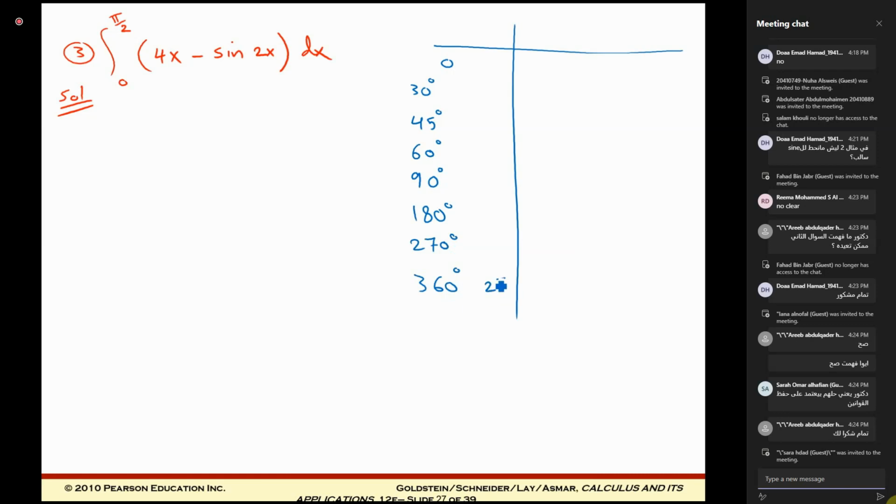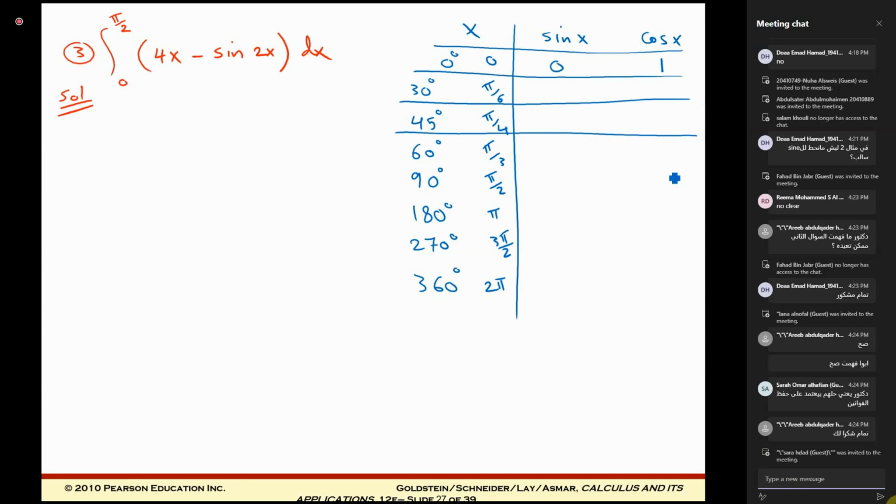This is 2 pi, this is 3 pi over 2, this is pi over 2, pi over 3, pi over 4, pi over 6 and 0. Okay, the sine of x, or cosine of x. Sine is 0, 0, cosine is 0, 1. Okay, this is the main angle.